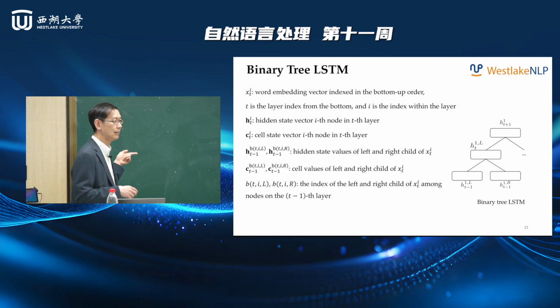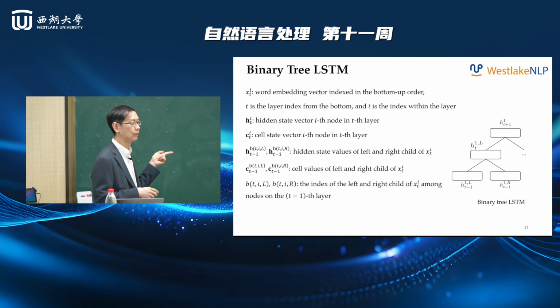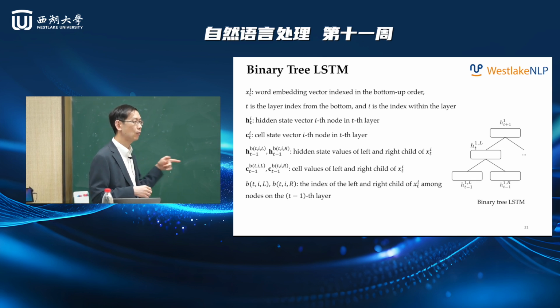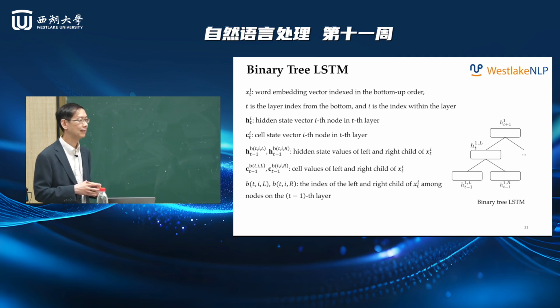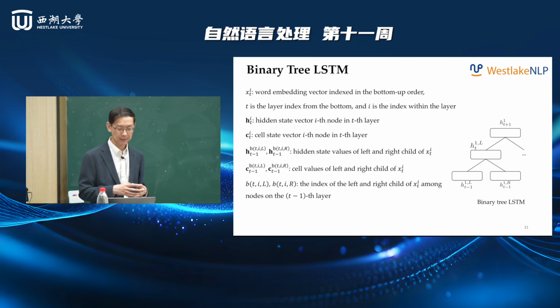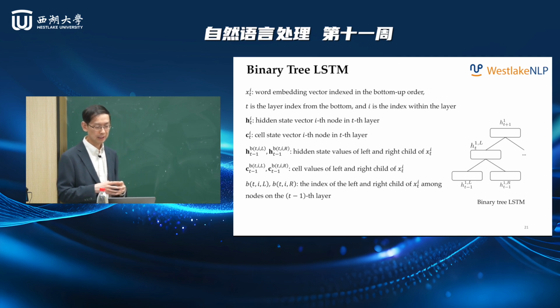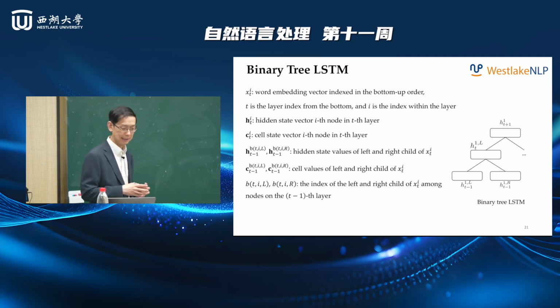It's the layer-wise index for the left child of h_{t,i}. Similarly, b_{t,i}^R is the layer-wise index for the right child of h_{t,i}. So we can differentiate the hidden states using those indices. And similarly, we can differentiate the cell states.